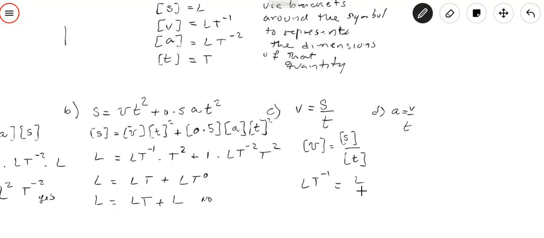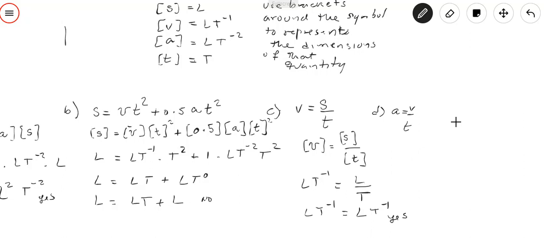L, length, over the time. So I represent it with this T. Of course, if we want to move this up, we can say L T to the negative 1 equals L T to the negative 1 here. So this one is dimensionally consistent because on both sides we have exactly the same thing.